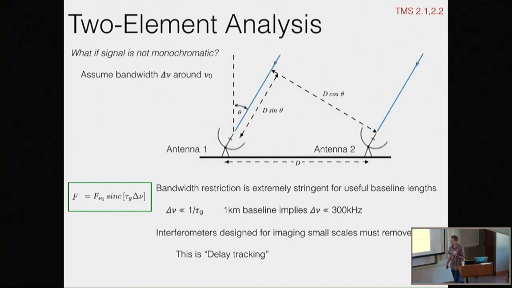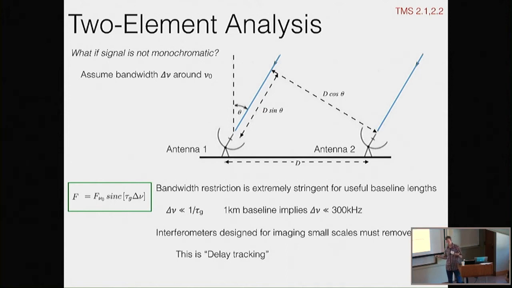And the solution to this is to ensure that we don't let this geometric delay complicate things. The problem with the geometric delay is it's a different number of wavelengths across your bandwidth. And so because we are going to have digital signals, by the end of this week you will have all sorts of digital signals, we can delay the arrival time of those digital signals at the correlator.